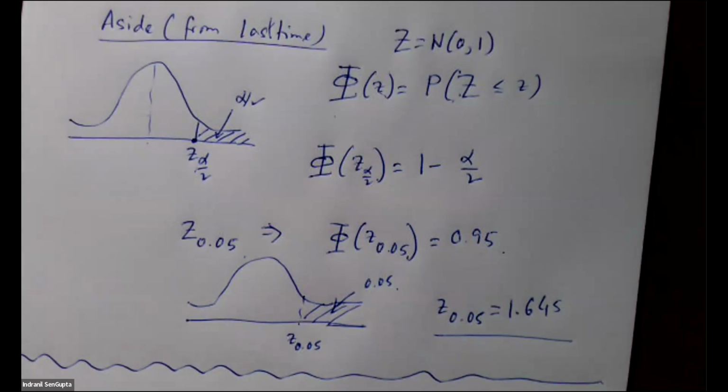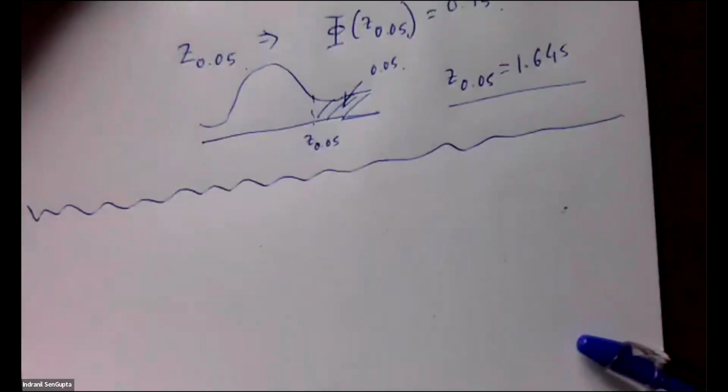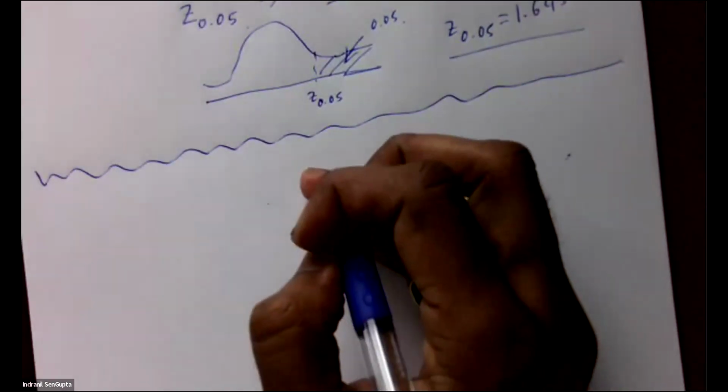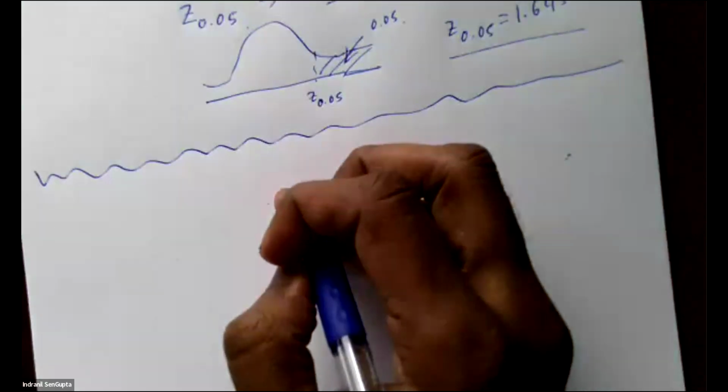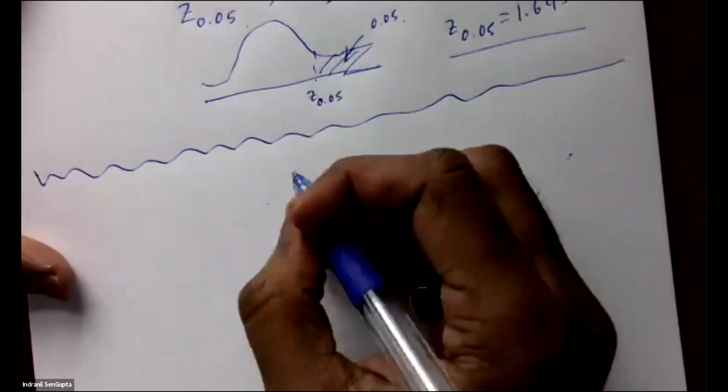All right. Now, back to the main topic. What we did last time, very briefly speaking, is we built two confidence intervals.